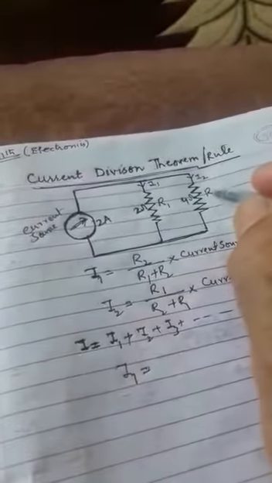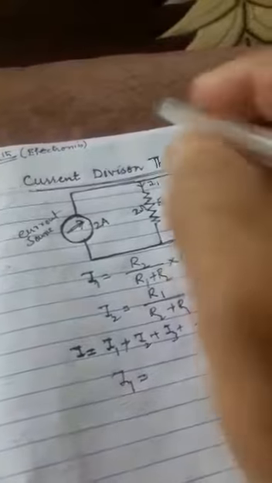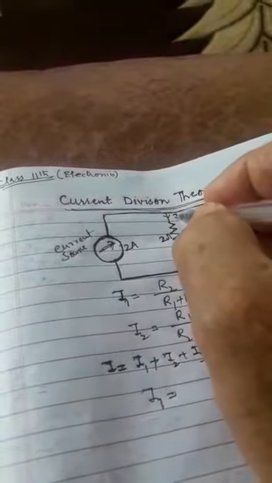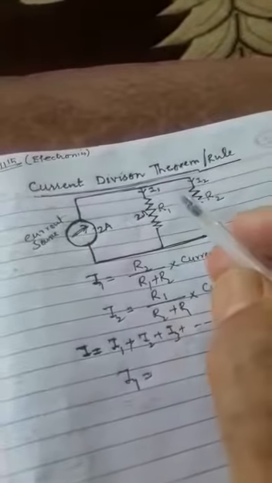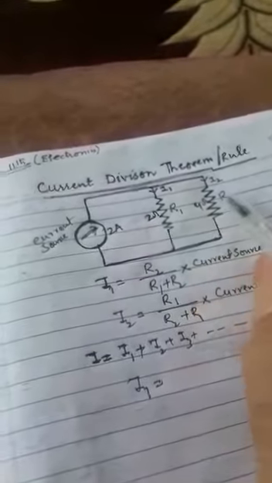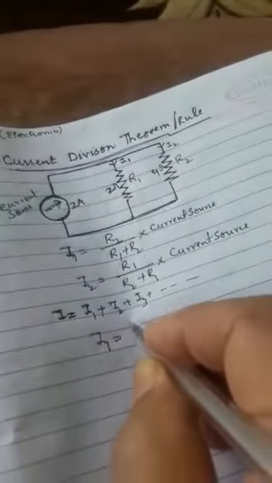Check it. I1 will be equal to R2. Current I1 is actually flowing from the 2 ohm resistor, but here you have to take R2, from where the current does not flow. That is 4. You are writing 4 here.